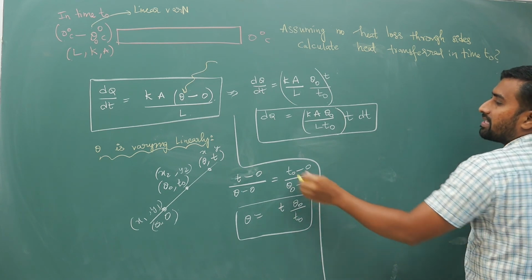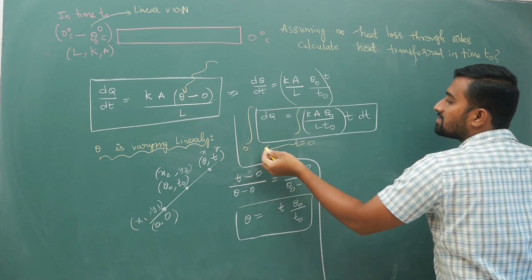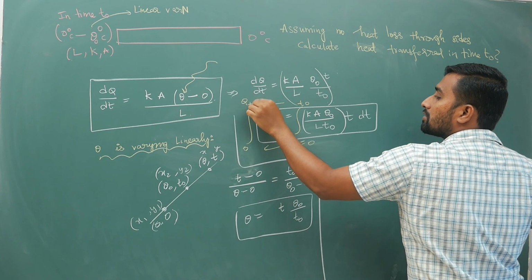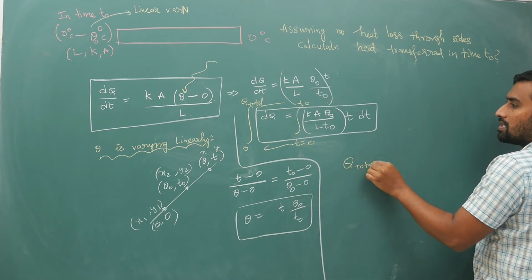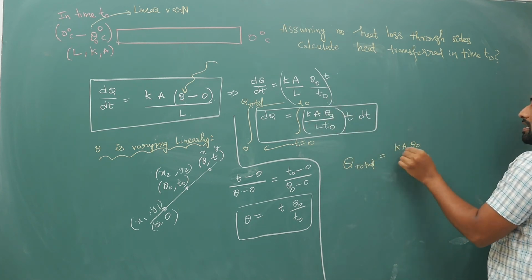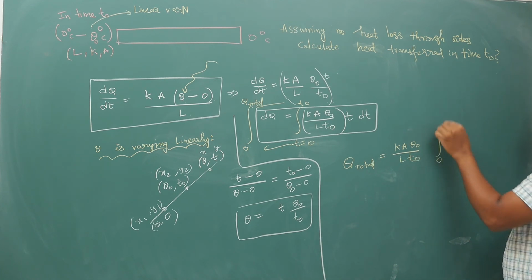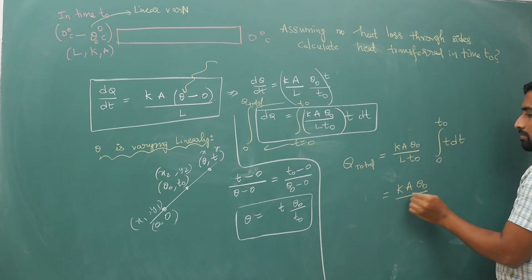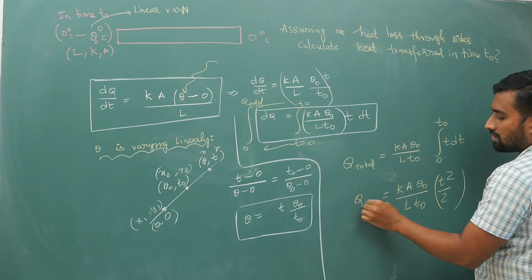So integral of dQ, at t equal to 0, 0 heat energy will transfer. After time t naught, let us say total energy transferred is Q total. Substituting the limits, this entire term is constant, so take it out of the integral: K A theta naught by L t naught times integral of t dt from 0 to t naught. So you are going to get your answer as K A theta naught by L t naught times t naught square by 2, that is your total heat energy.